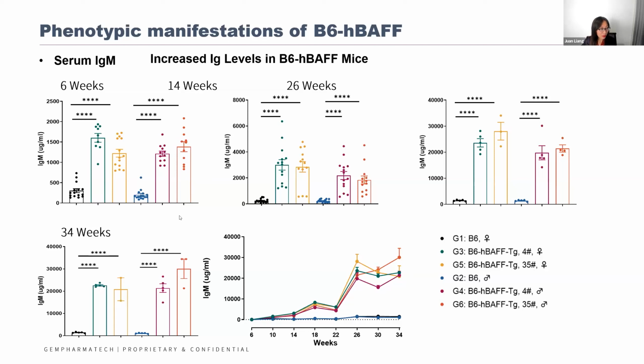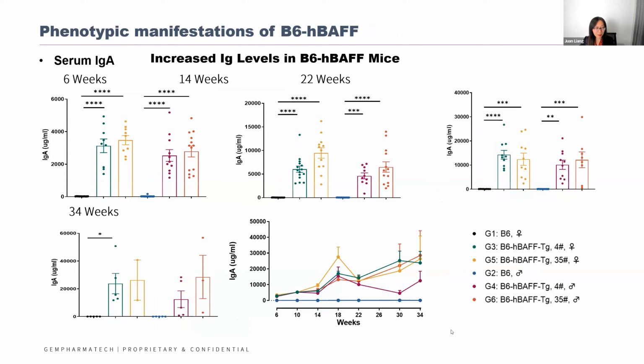As shown in the figures, the serum IgM levels are increased in the BAFF TG mice compared with the B6 control mice at 6 weeks, 26 weeks, 40 weeks, and also 34 weeks. The serum level of IgM increased continually as the transgenic mice aged.